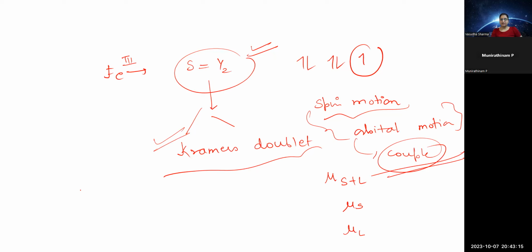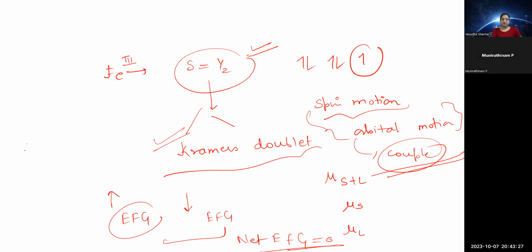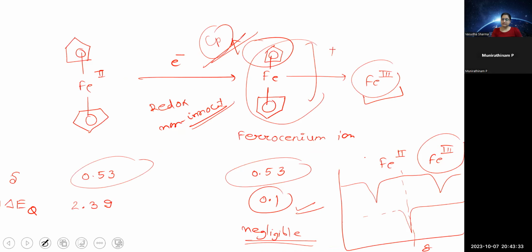Because of that, one part gives EFG in one direction and the other part gives EFG in the opposite direction, so the net EFG becomes 0. Therefore, we don't see any splitting in the case of ferrocenium. That's why only one peak is coming. There is no splitting occurring. Okay.